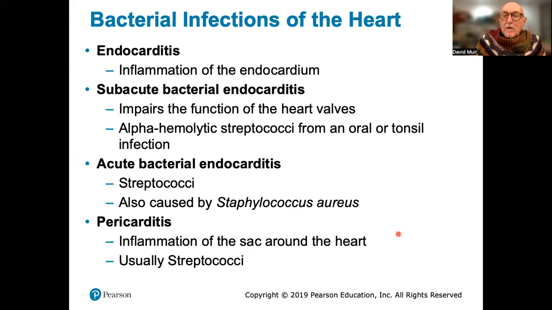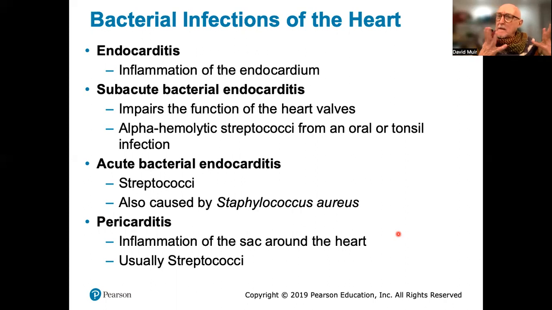Now, subacute bacterial endocarditis is a condition where the heart valves themselves are affected. And it's usually caused by streptococci. And this is the cause of what used to be referred to as rheumatic fever.